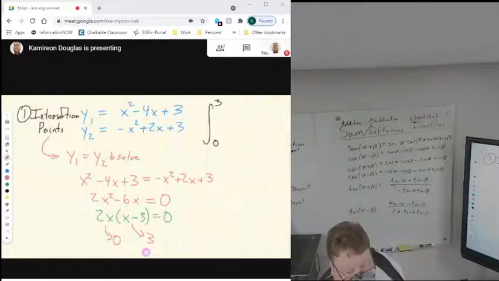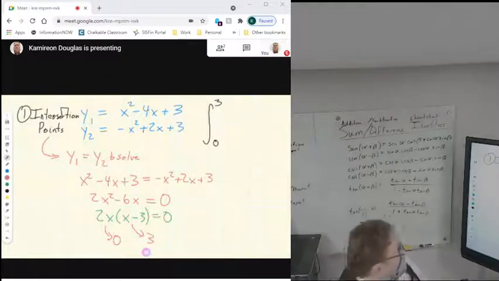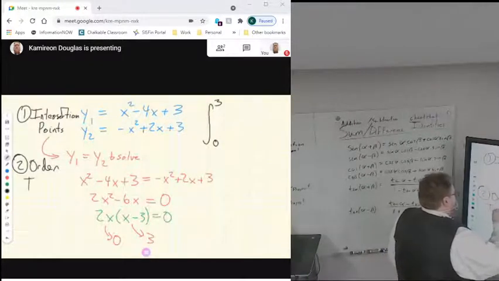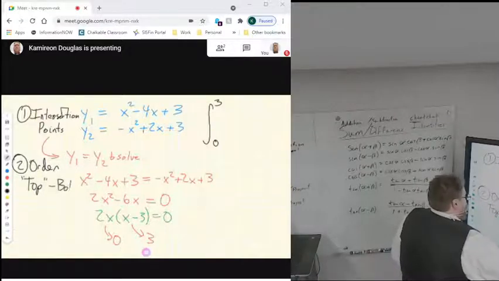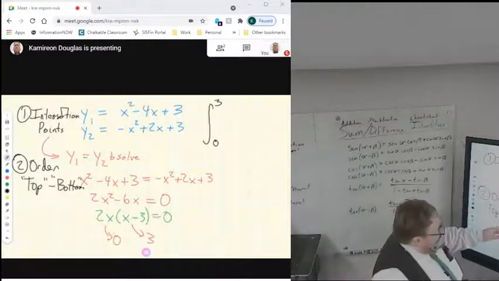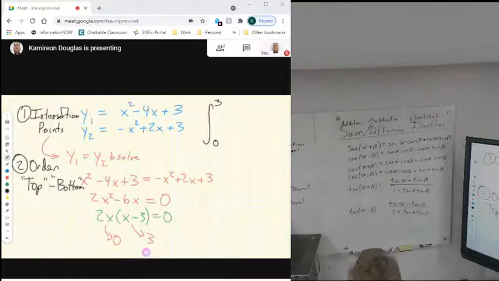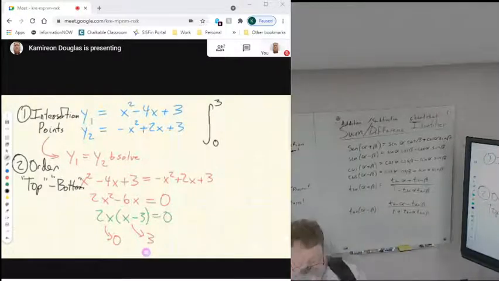Okay? But before I can take my next step, I now have to decide step 2, order. Remember, the formula is top minus bottom. These can change. What we're really concerned about is in between 0 and 3, which of these is the top value and which is the bottom value.